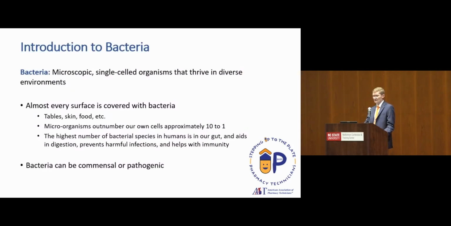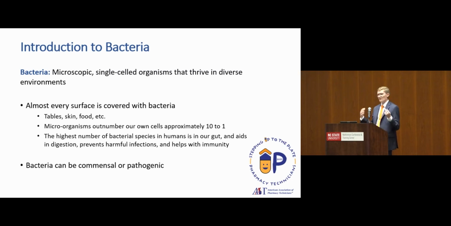So bacteria, what are bacteria? Well, these are microscopic, single-celled organisms that thrive in many diverse environments, and there are bacteria all around us and on us, from the tables that we're sitting at to our skin, inside of our bodies in many different locations, on our food, etc. And they outnumber our own body cells 10 to 1, so there are more bacteria in our body than our own cells.